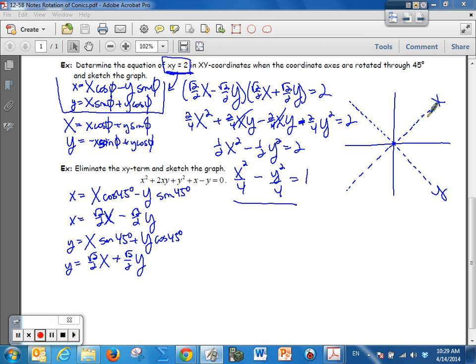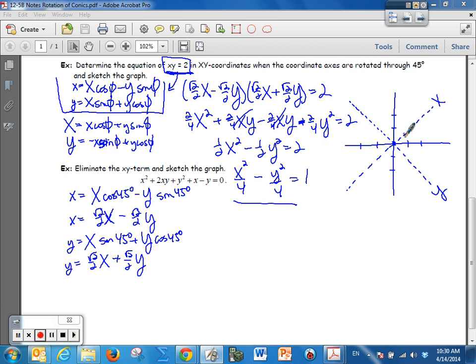This would be like our first quadrant in our rotated form. And so my hyperbola would have a center of 0. And let's see, it would go out 2 spaces each way.